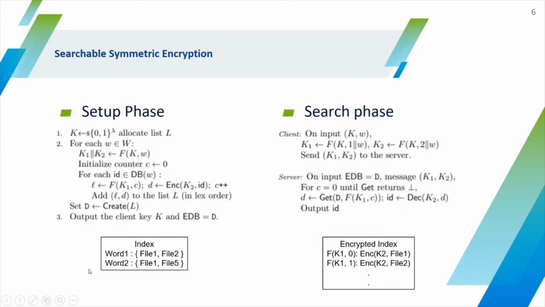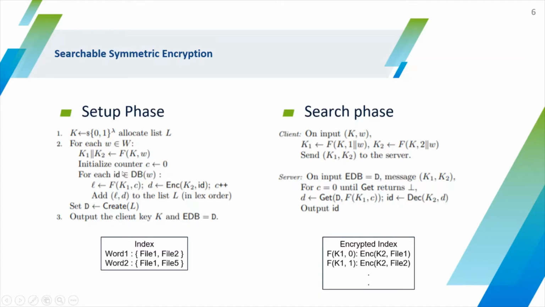Then suppose that we have this inverted index which maps each word available to the files that contain that word. For each word, for example, word 1 here, we generate two keys, K1 and K2, from some kind of hash function F using the word itself and the key K, which is generated earlier, and we initialize a counter C from 0.